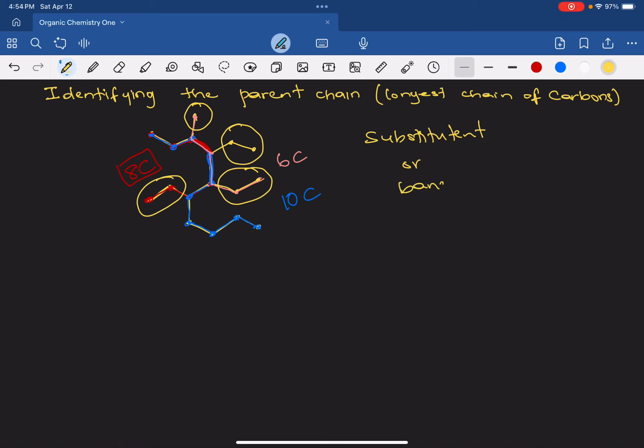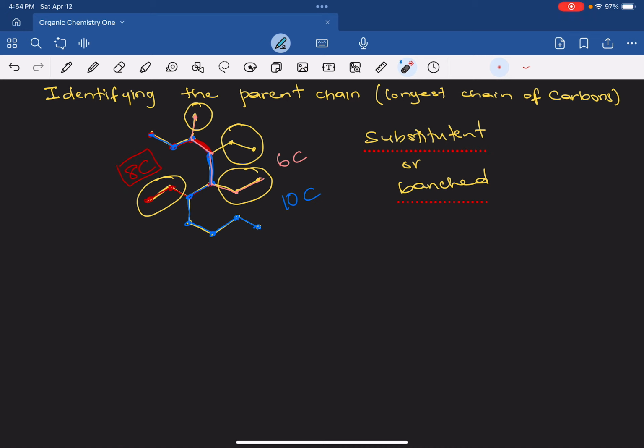It's called a branch group because you want to imagine that this blue part here is the trunk of your tree, or the stem area of your tree, and everything else hanging off of it is considered branches. It's not a part of the stem. So that's why substituent is also known as branch group.